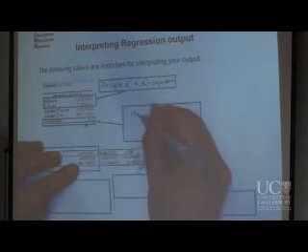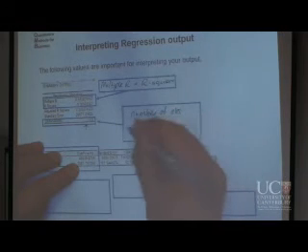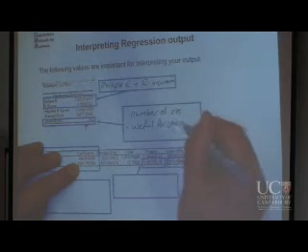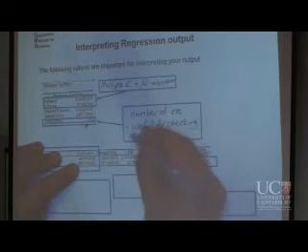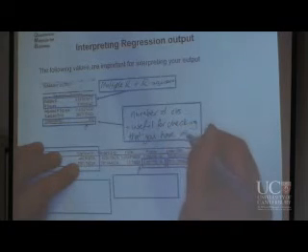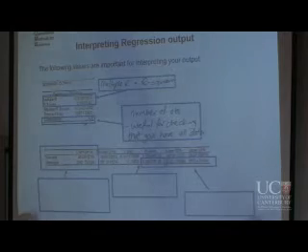So this is number of observations, and it's useful for checking that you have all the data. Okay. Right, so those are the first ones.